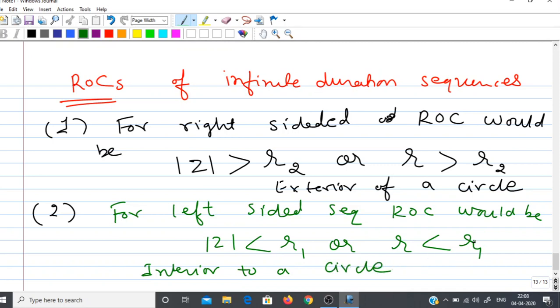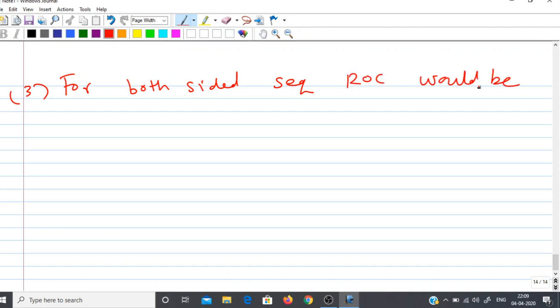The circle of radius R1. And if the sequence is a both-sided infinite duration sequence, the ROC would be mod Z lying between two constants, let's say R1 and R2. So it is an annular ring.